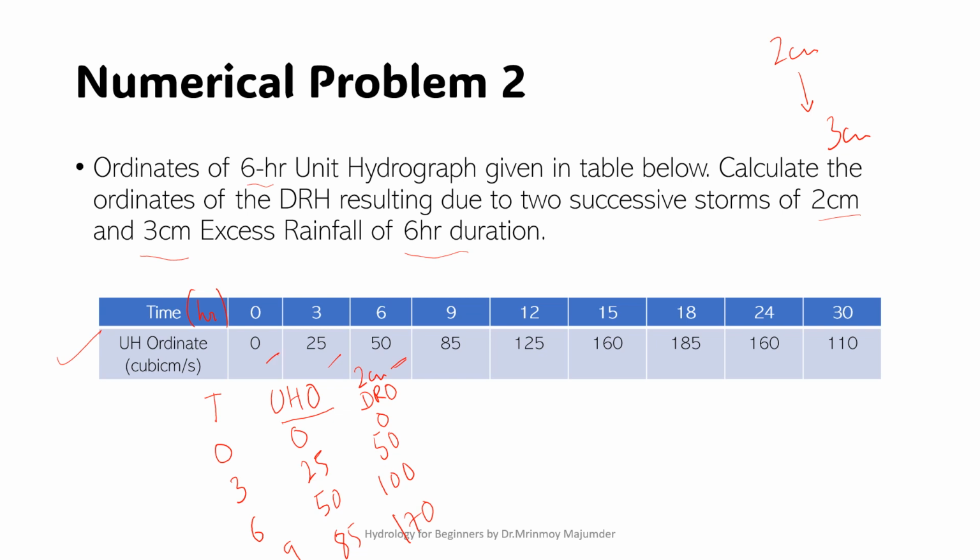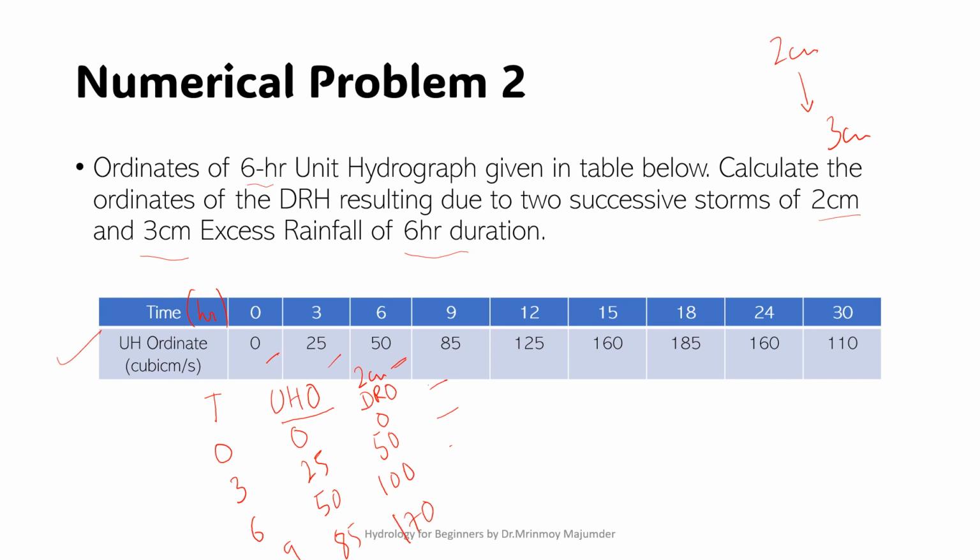What will happen? First hour 0 I will not do, 3 hour I will not do, 6 hour I will not do, or rather from the 6th hour I have to start. Okay, so 6 hour I will do.